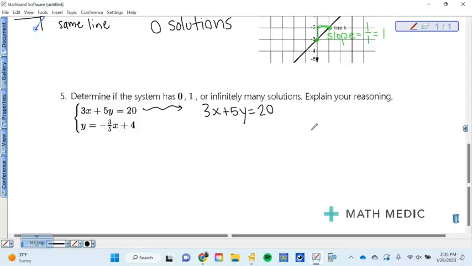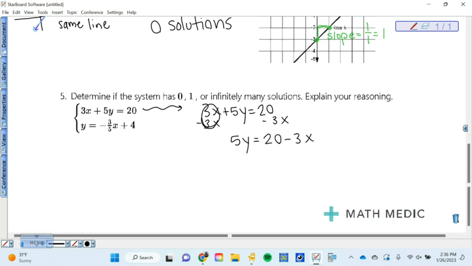I'm trying to get that y by itself. What do I need to get rid of for the y to be by itself? Yeah, the 3x. How do I get rid of 3x? Subtract 3x. What happens now? Guide me. The 3x's cancel. So now what should I write? Perfect.